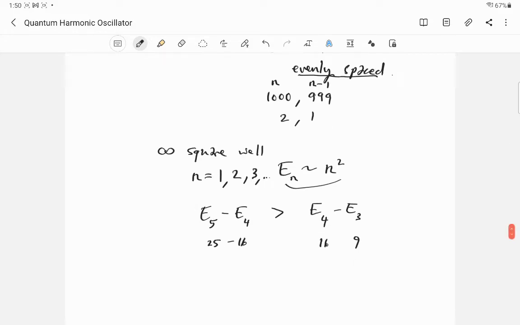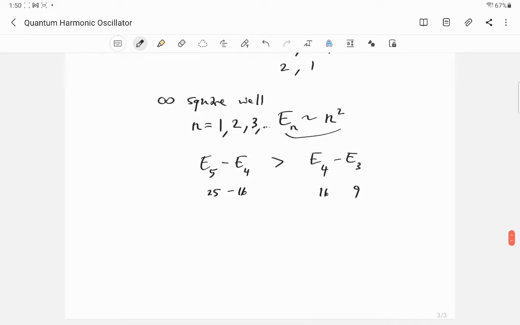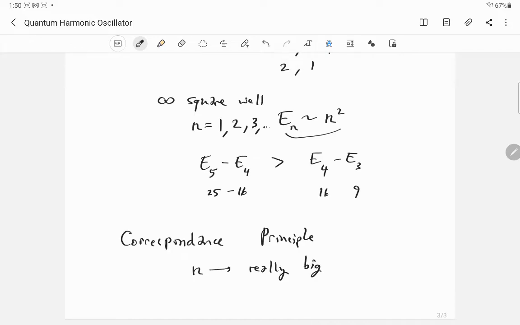One last interesting comment is the correspondence principle. That is, for n getting really big, our quantum problem gives answers that are really similar to the classical answers, right?